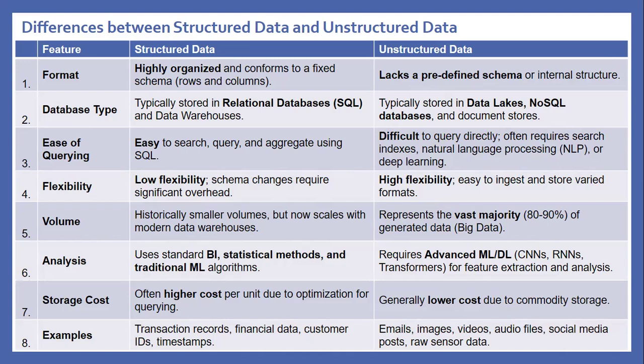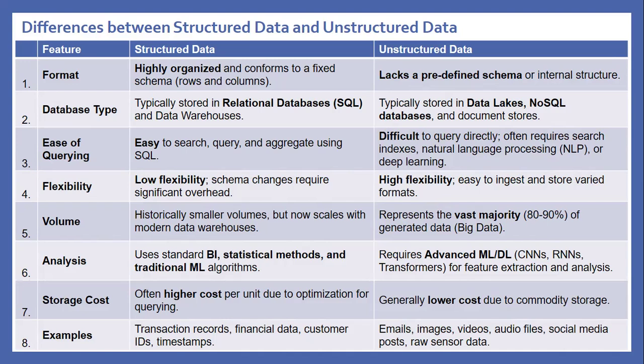Flexibility: structured data has low flexibility, and schema changes require significant overhead. Unstructured data has high flexibility, easy to ingest and store varied formats. Volume: structured data historically had smaller volume but now scales with modern data warehouses.